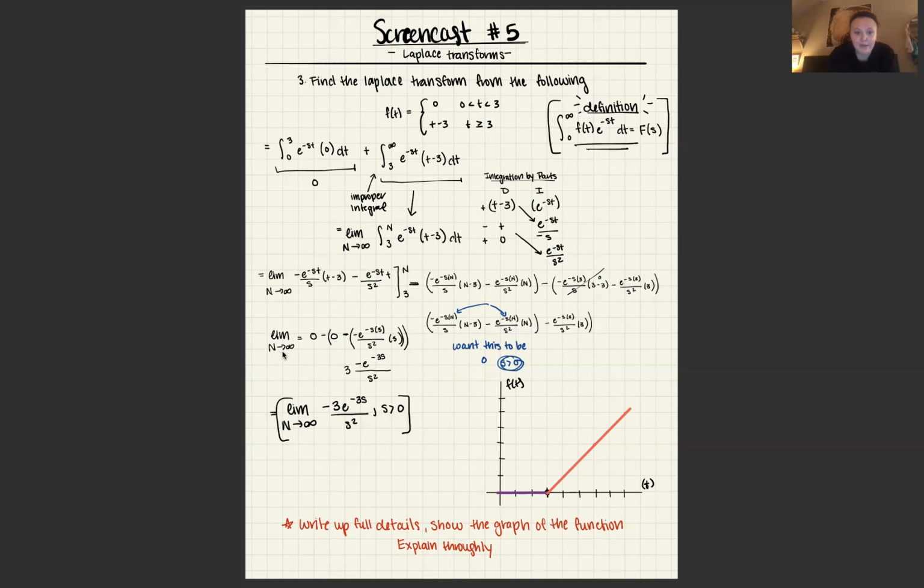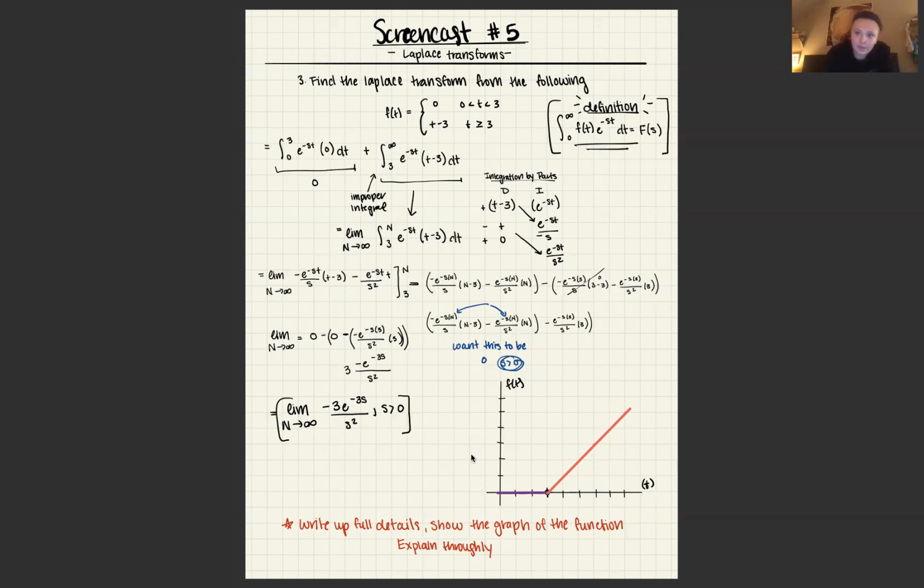So we have the limit as n goes to infinity equals 0, from here, minus 0, minus this right here, because we're assuming this is 0 since we put the stipulation that s is positive. From here, we distribute the 3 internally, and the answer, since it's an improper integral and we include the limit as n goes to infinity, is negative 3 e to the negative 3s over s squared, only when s is greater than 0.